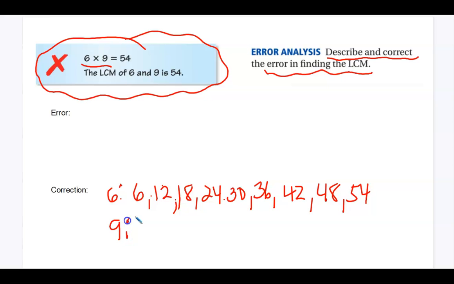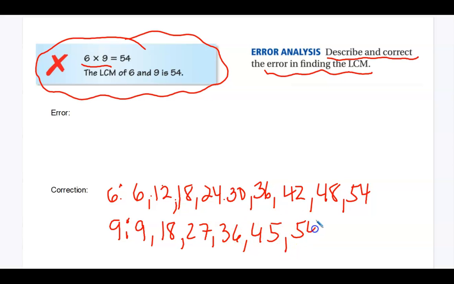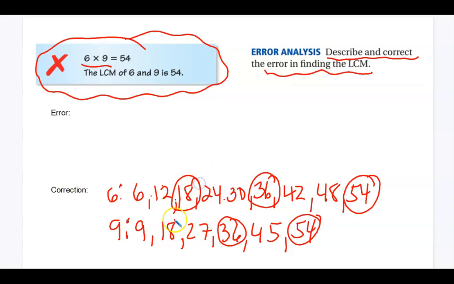Okay, now when I start with the 9s, I go 9, 18, 27, 36, 45, 54. Okay, so cool. 54 is a common multiple, right? But wait a minute, so is 36. But wait again, so is 18. So the least common multiple is 18 because I want the smallest multiple in the list.